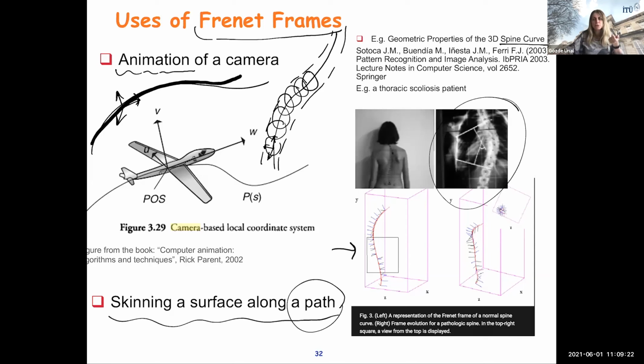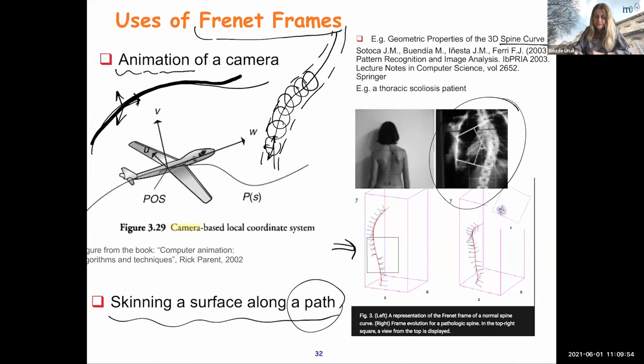Let's say you want to come up with an algorithm to study scoliosis. You may take an X-ray or CT, computed tomography, or any other medical imaging modality, and extract the vertebrae and the center line of the vertebrae to get the 3D spine curve, as shown here.